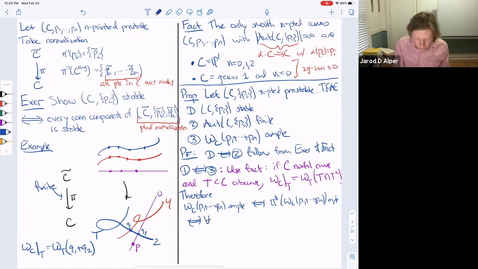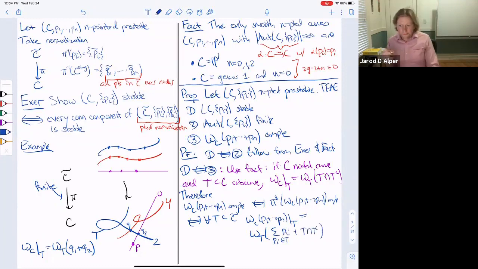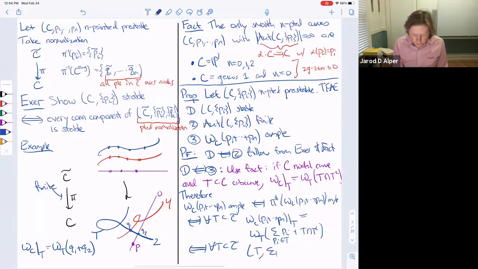So this is the same as saying for all connected components of the normalization that omega C restricted to T, which by this formula is omega T, and now I only need to remember the points on T and the intersection points. This is in turn equivalent to saying that for all these connected components, T and the shift, is stable.